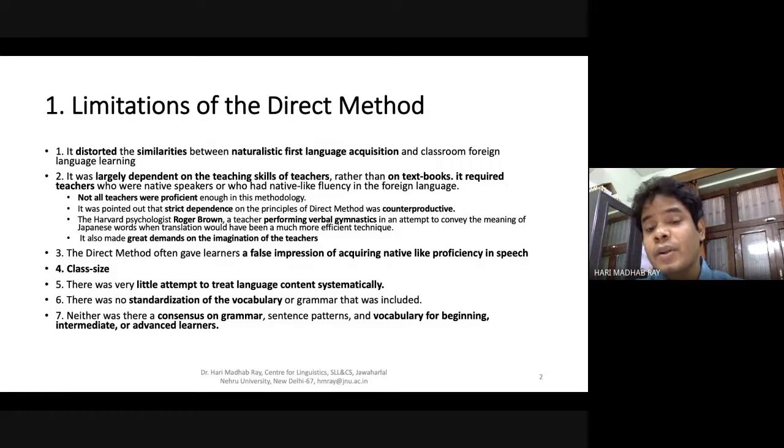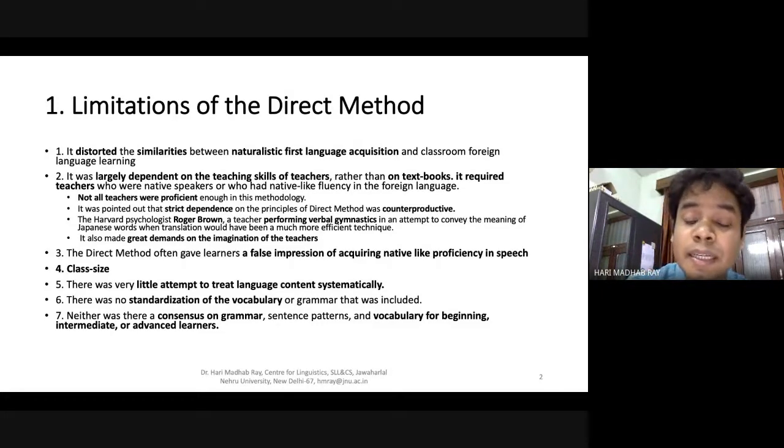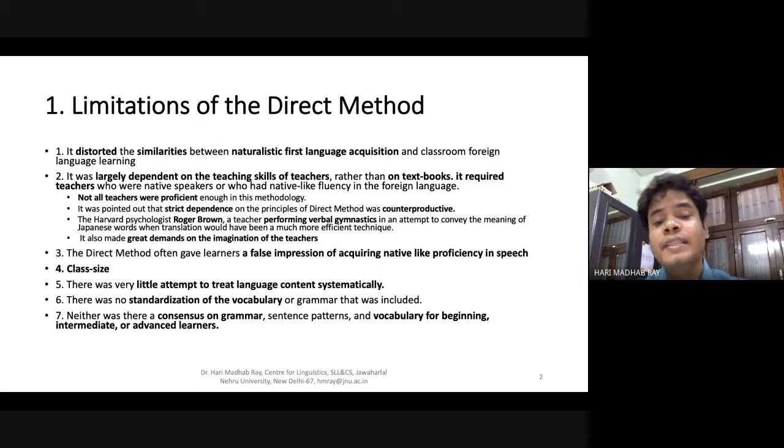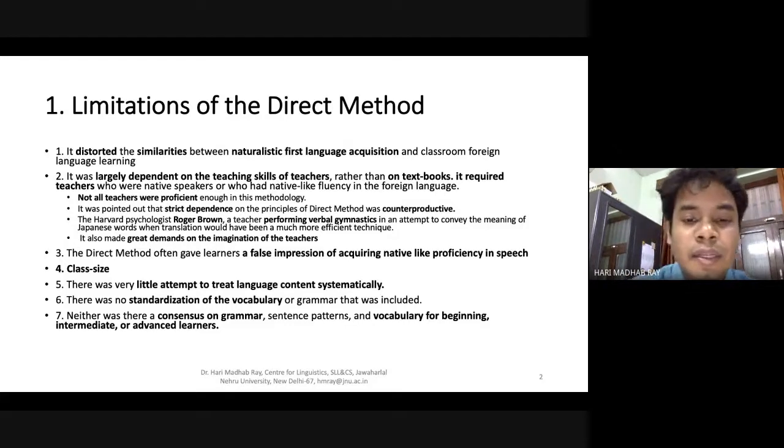Since you are not following prescriptive grammar, are you following descriptive grammar, or whichever regional variety for that matter? Let's say the teacher himself speaks a particular regional or social variety, so he will be giving instructions following that variety. So there is no standardization of either the vocabulary or the grammar.